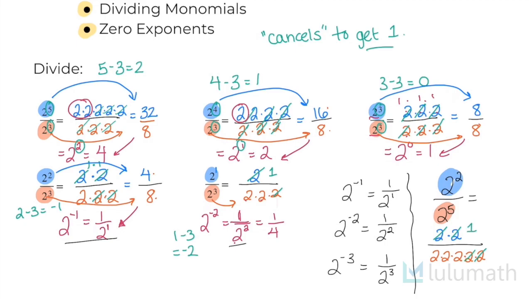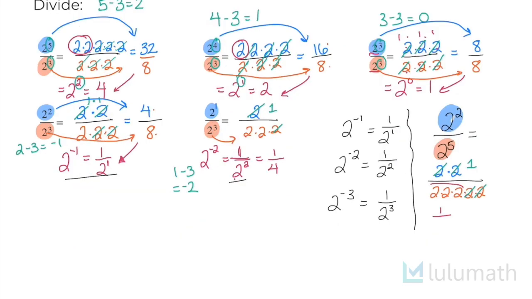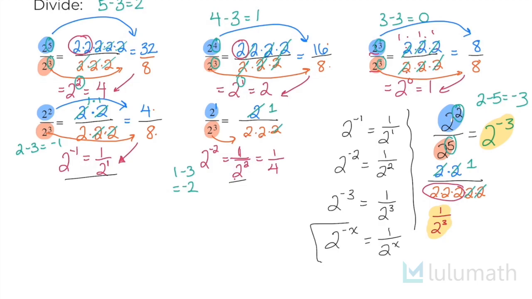So I have a 1 left over in the numerator, and 3 2's being multiplied together in the denominator means I've got 2 to the power of 3 left over down there. And if I were to subtract my exponents here, 2 minus 5 is negative 3. So this is 2 to the power of negative 3. Therefore, we can say that 2 to the power of negative 3 is the same thing as 1 over 2 to the power of 3. By extension, we can say that 2 to the power of negative x is equal to 1 over 2 to the power of positive x.